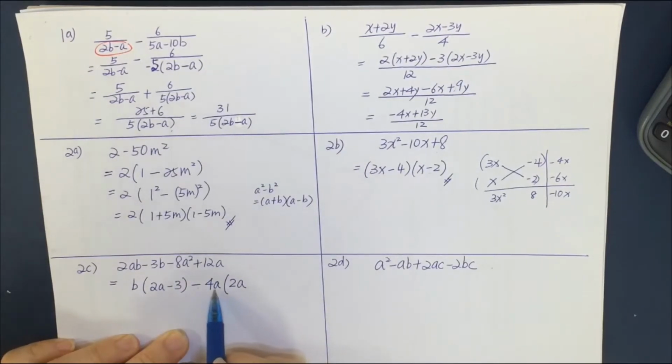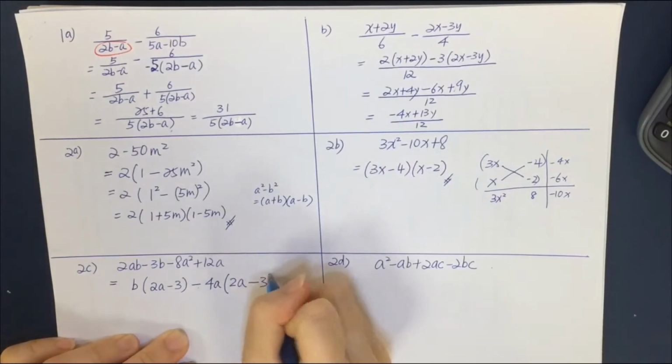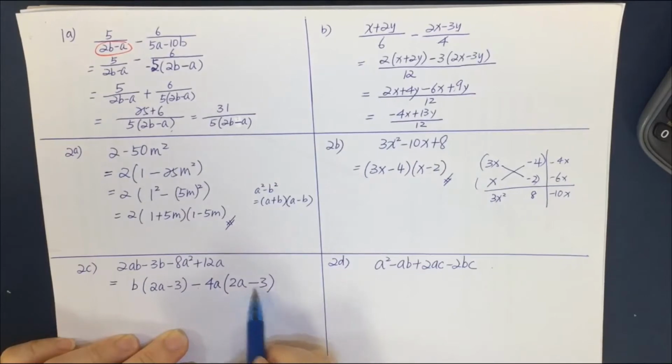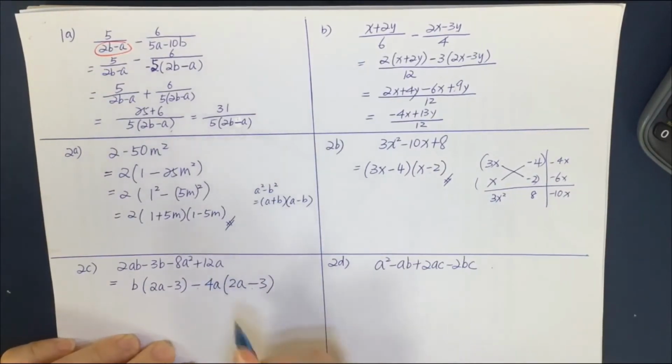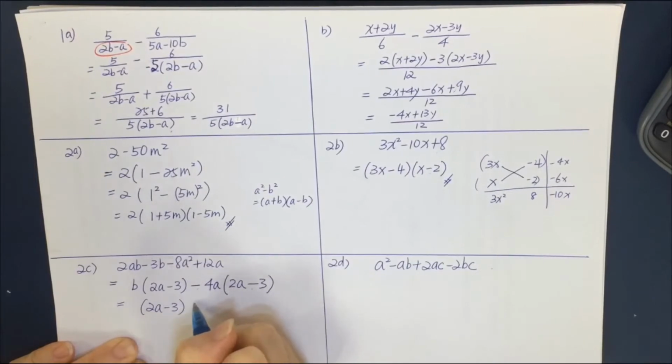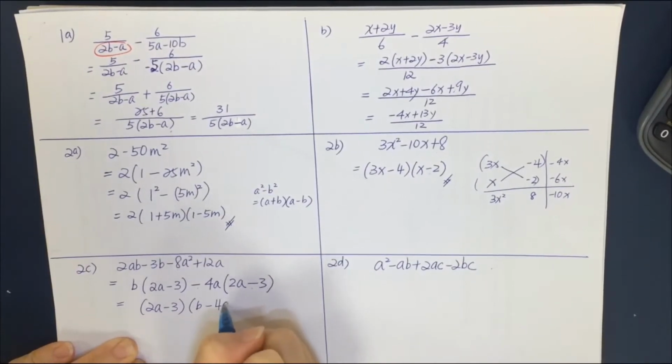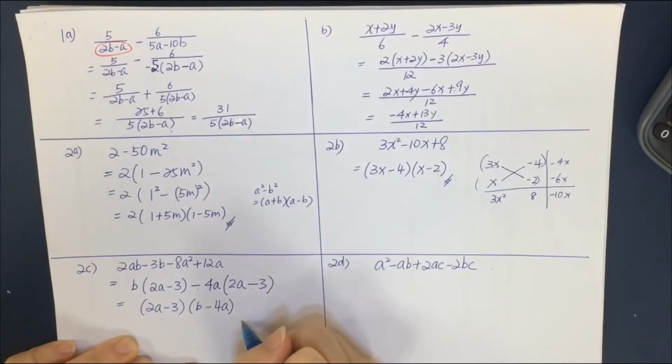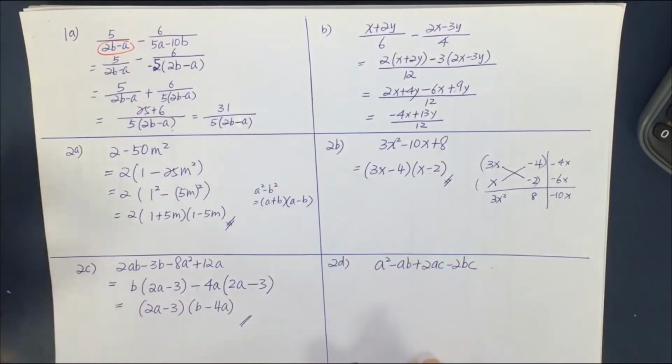I'm just putting it into a product of different things only, and the final product is still the same thing. For the next one, I need the minus 3 here. So when I have a negative 3 times negative 4a, I get my 12a. And now you can see that 2a minus 3 is the common factor. So I take out 2a minus 3. So I will have 4 minus b minus 4a, and that's all done.